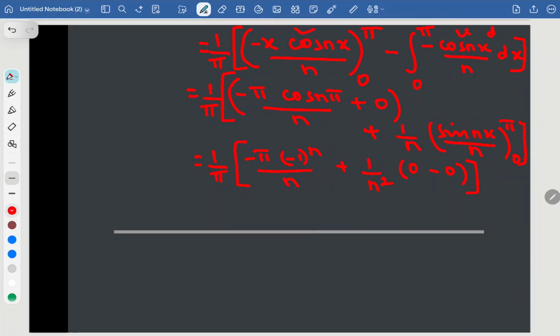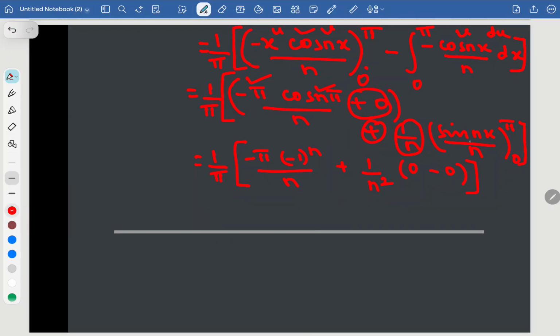This is v du, this is uv. Minus of minus plus, take n outside, it becomes 1 by n, integration of cos nx, sin nx by n, limit 0 to pi. Here upper limit is pi, therefore minus pi cos n pi by n, lower limit is 0, minus of minus plus 0 because upper minus lower.